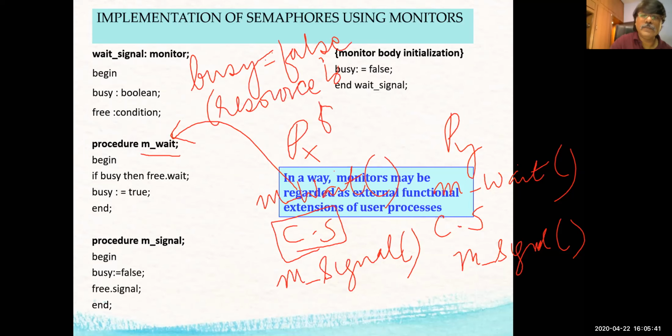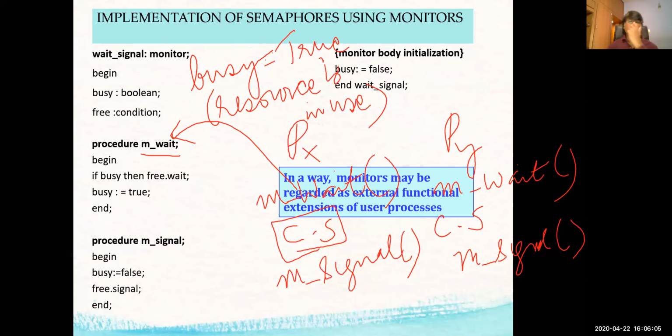Please remember, busy is a Boolean variable within the monitor, and if busy is false, it means the resource is free. If busy is true, then the resource is in use, not free. So busy can be set to false, indicating that the resource is free. If busy is set to true by the monitor, it means the resource is in use. That is the meaning of the busy variable.